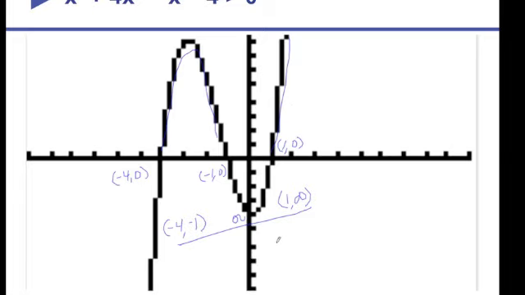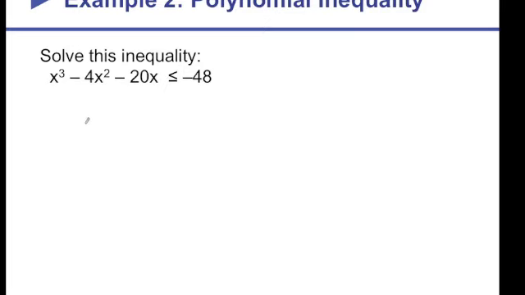But you can see that's where it is on the graph, and that's a way to solve it by looking at a graph. Solving this inequality, well, the first thing I need to do is get the 0 by itself. So we'll have x cubed minus 4x squared minus 20x, I'll add 48 to both sides, is less than or equal to 0.